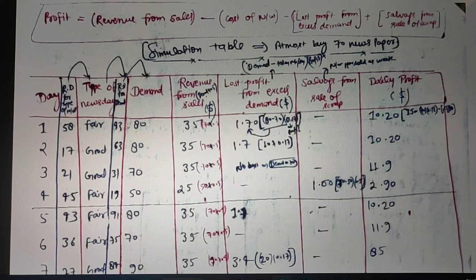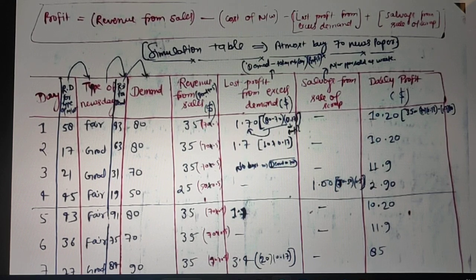Now, the random digit for demand is also given in the question paper, that is 93. We have to look up 93 in the respective fair table to find the actual demand for fair.